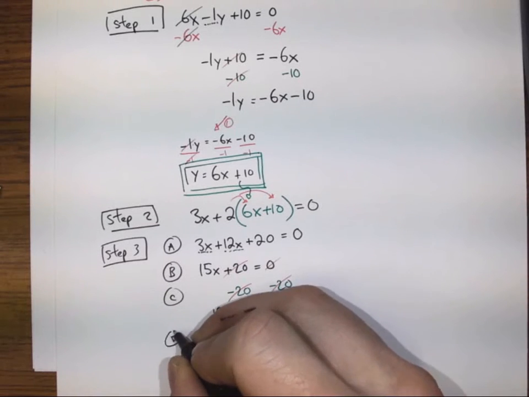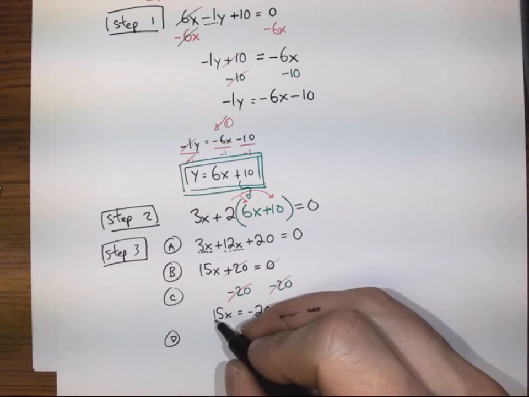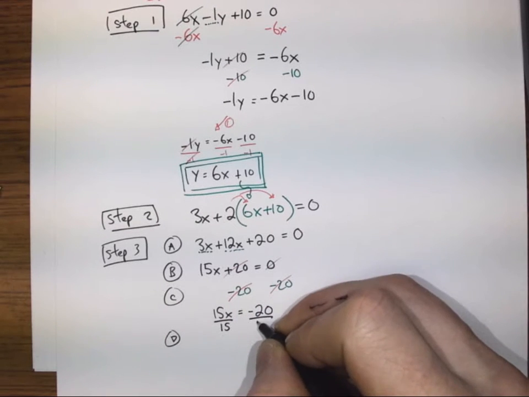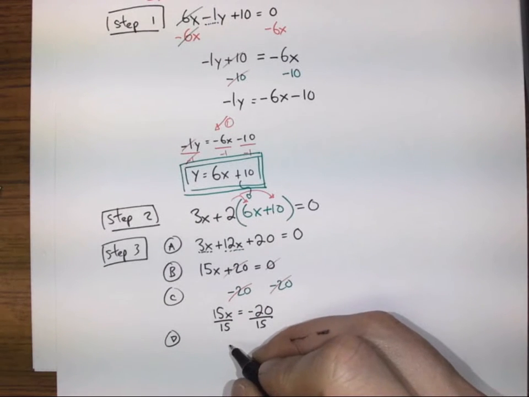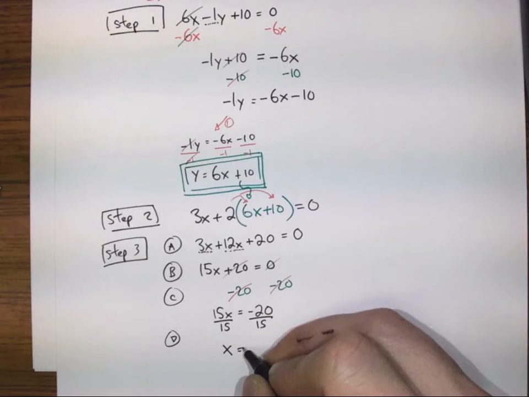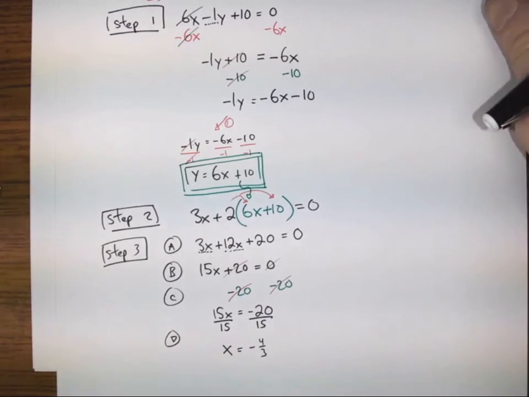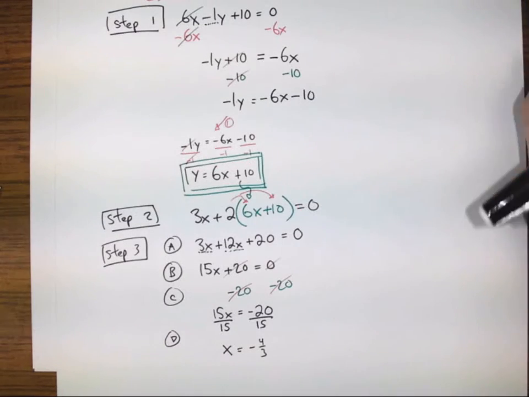Last thing to do is to deal with this 15. So we're going to divide both sides by 15. Divide by 15, divide by 15. Negative 4 over 3.